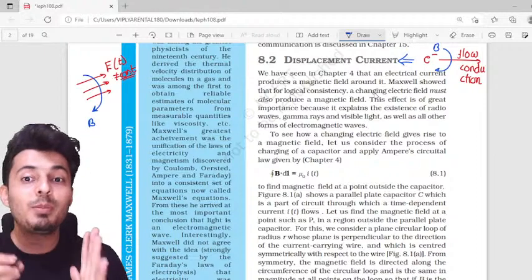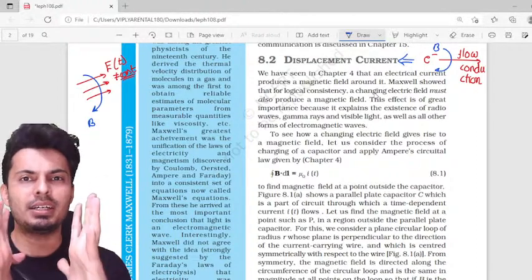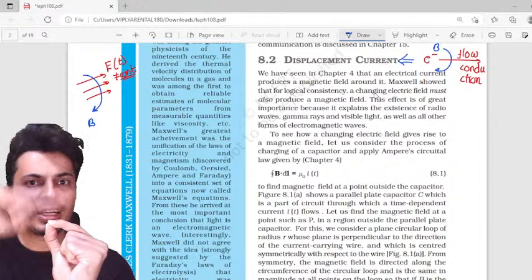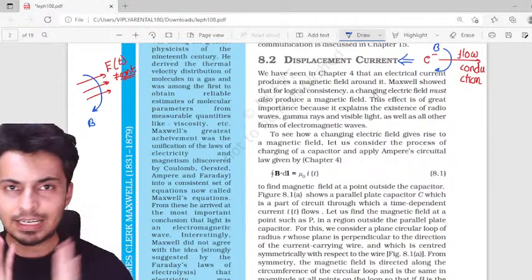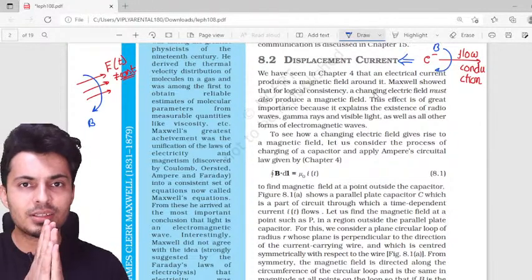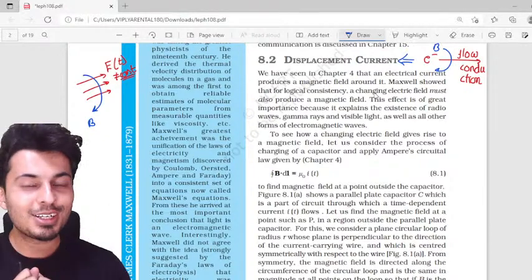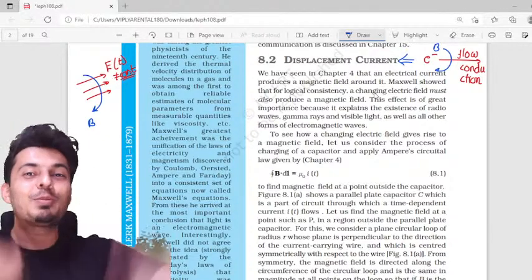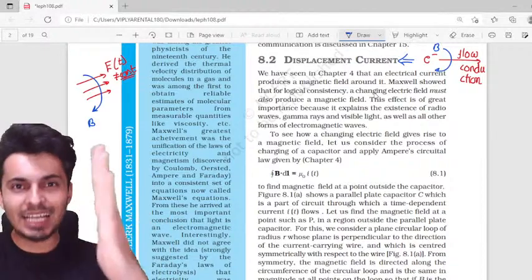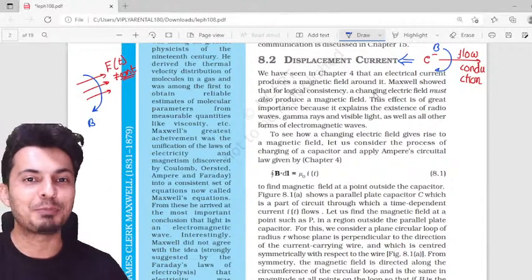So remember, when electric field is constant, let's say you have a charge, it will produce an electric field around it. Everybody agrees to this. But if the charge moves, what will happen? The field will also change. And if field changes, it produces magnetic field. So that's the logic that you should keep in mind.